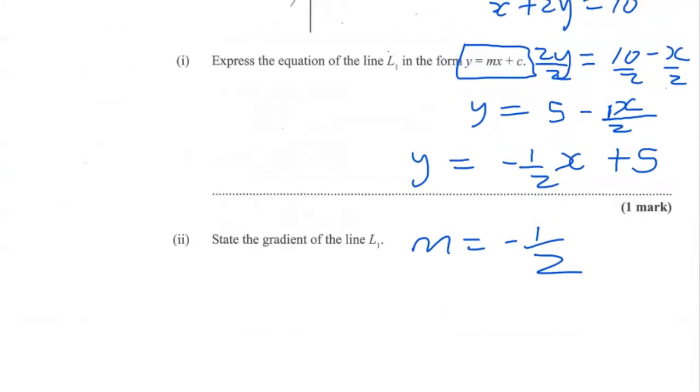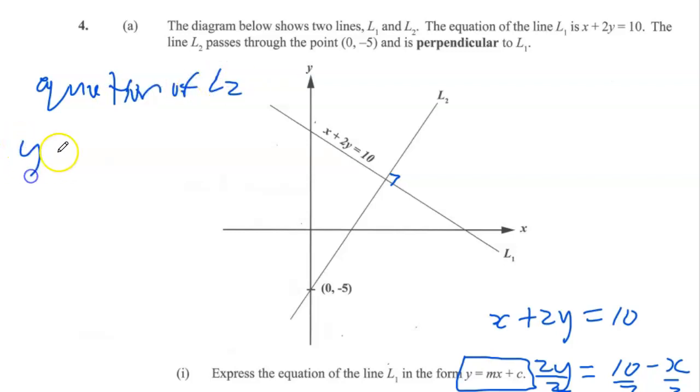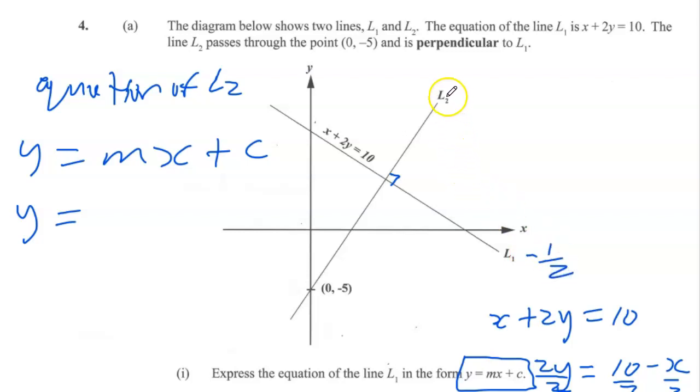The equation of L2 will be in the form y equal mx plus c, where m is the gradient. Now, L2 is perpendicular to L1. Remember, the gradient for L1 was minus a half. So the gradient of L2 would be the negative reciprocal, which is 2.